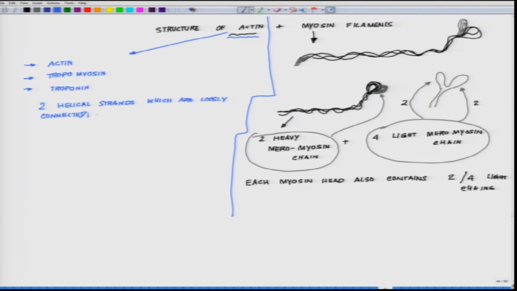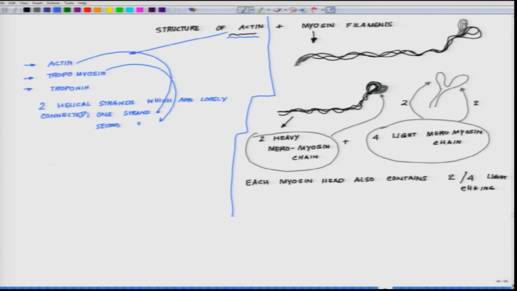One strand composed of actin filament. On the other hand, the other strand consists of the tropomyosin. So, the second strand is the tropomyosin molecule. The tropomyosin strand covers the actin.